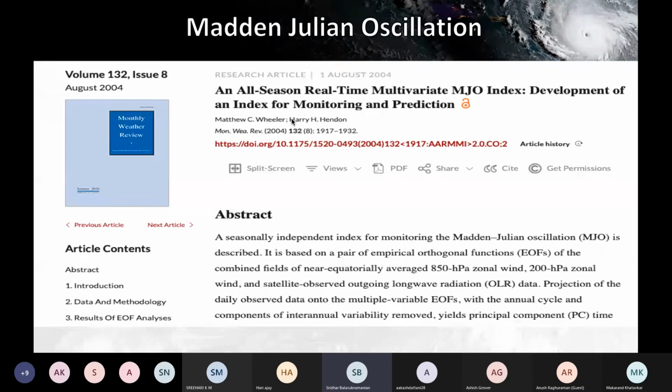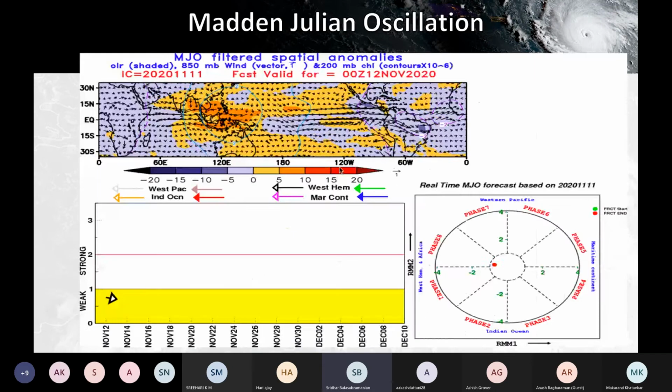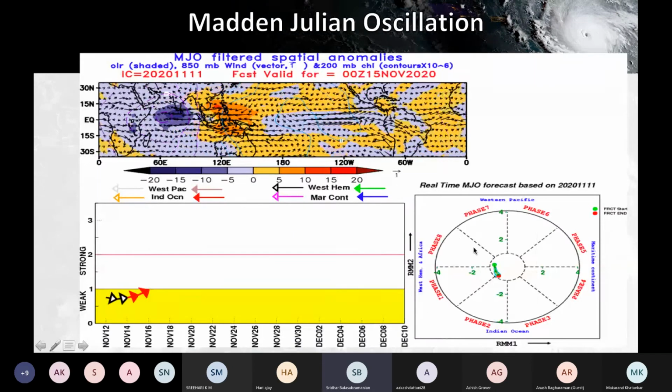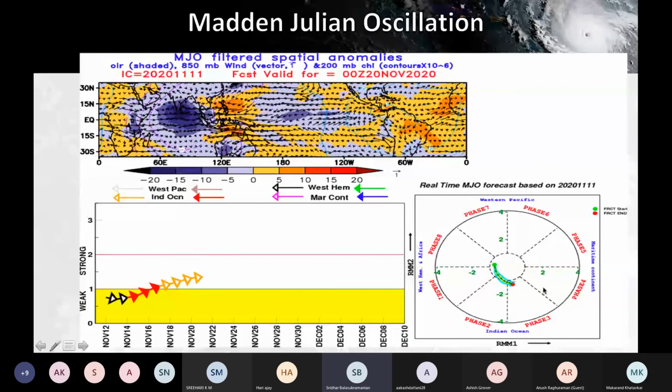If you are really interested in learning about the Madden-Julian oscillation and how to predict it, there is a very nice research paper by Wheeler and Hendon. This was a cutting edge paper on the oscillation because it tells you how to get this phase plot, and what goes into it.